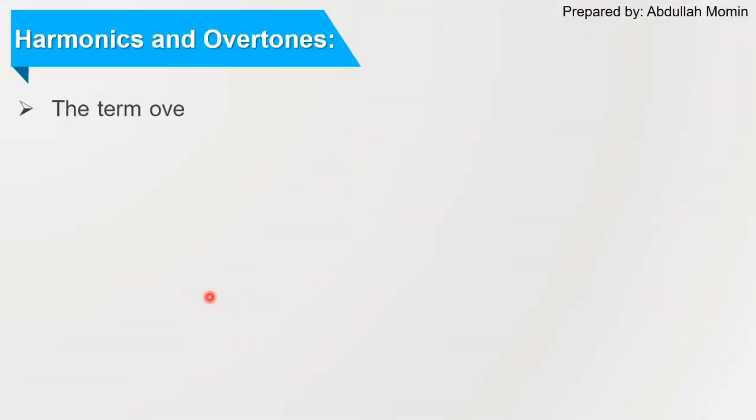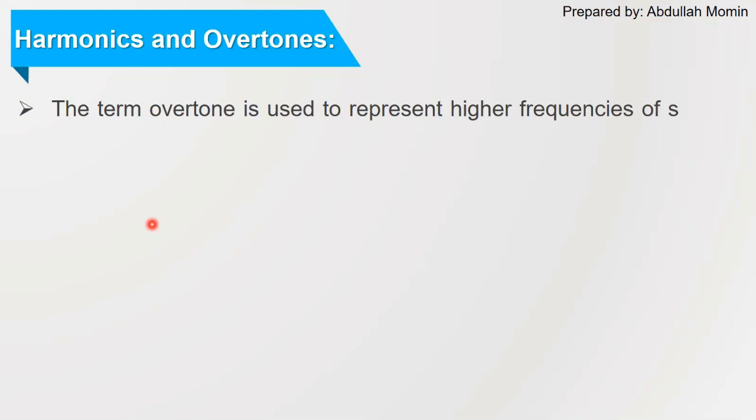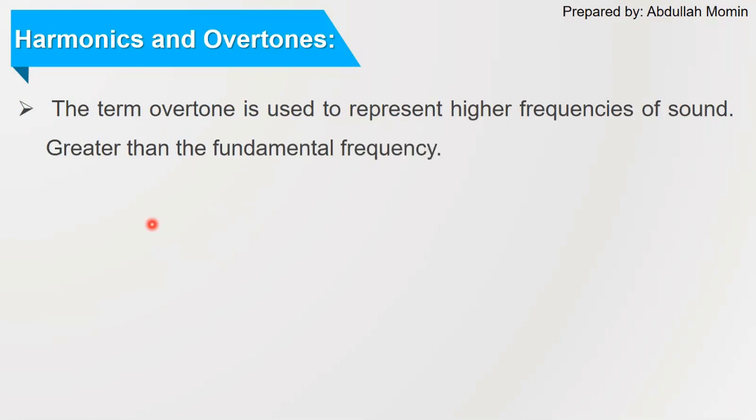Now overtone. The term overtone is used to represent higher frequencies of sound. That means it should be greater than the fundamental frequency. The frequencies greater than the fundamental frequency which are actually present in a given sound are called overtones.